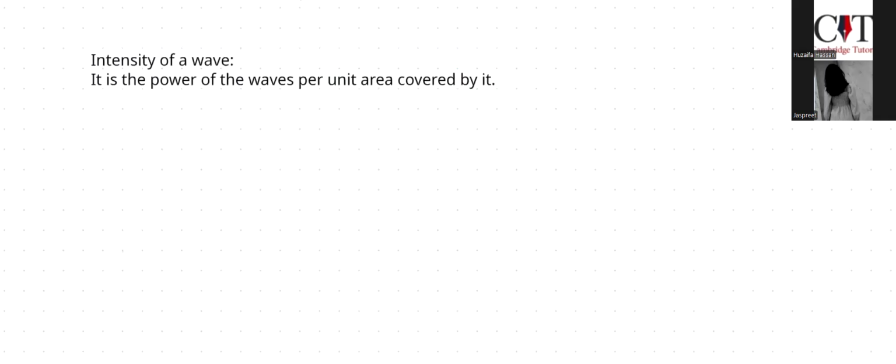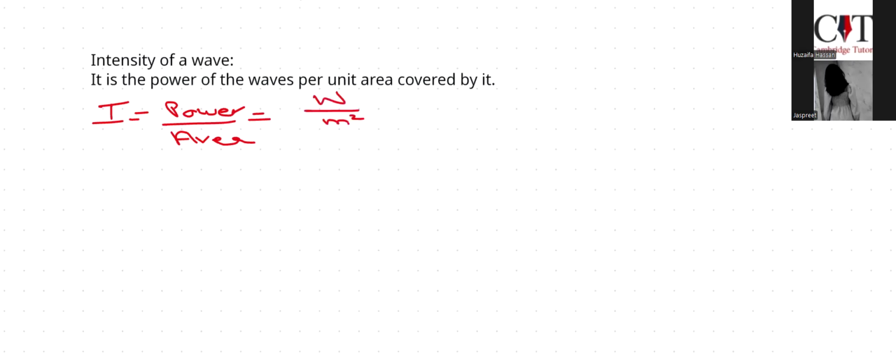Intensity of a wave is the power of the wave per unit area covered by it. So I can say intensity is equal to power upon area, right? So the unit for intensity would be watt per meter square.